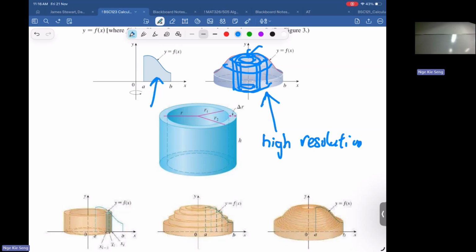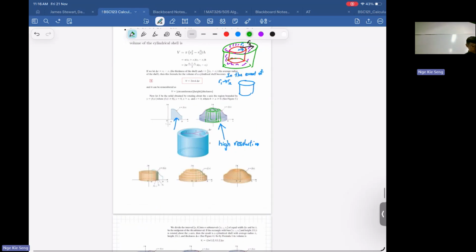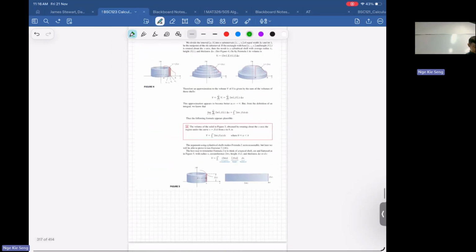So this is how convenient our integration is, the integral in particular. Makes sense? All right, let's use this idea and compute one thing, and then we will break from here.